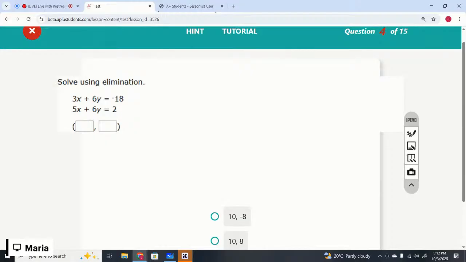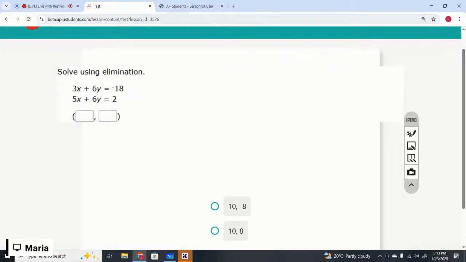Okay, 3x plus 6y equals negative 18 and 5x plus 6y equals 2. Okay, so let's just subtract both the equations so that we can eliminate the variable y.